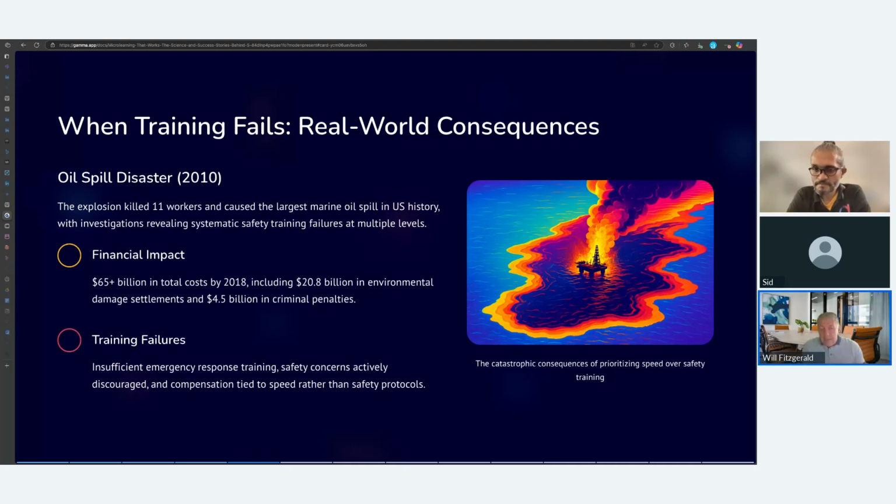When you look at the training failures there, insufficient emergency response training, everybody should have had a role in that and known what to do to try and mitigate the risk. And the risk was beyond just damage to the platform; you look at the environmental damage that was done, which is significant.